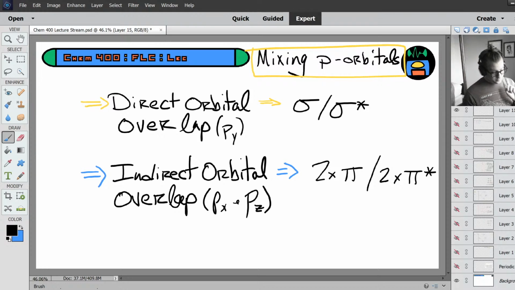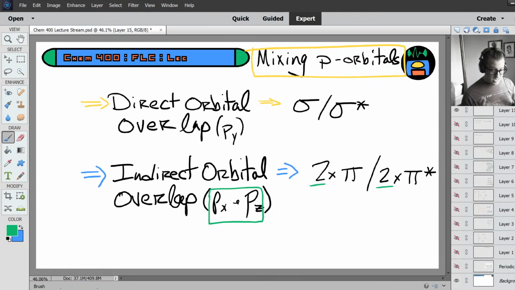And the reason why you make two of them is because you have two p orbitals that engage in indirect orbital overlap. Px makes its own pi and pi star, pz makes its own pi and pi star.